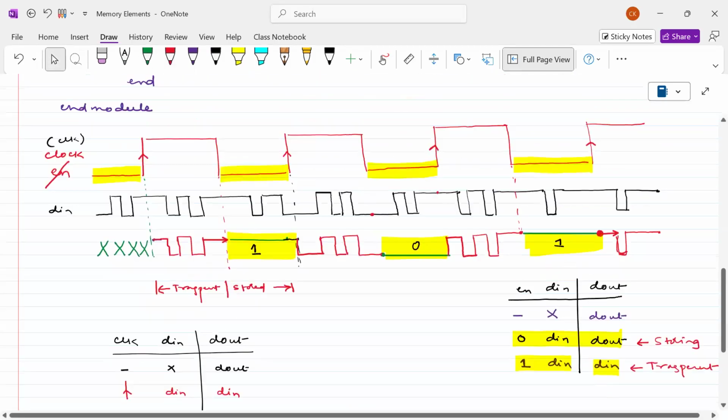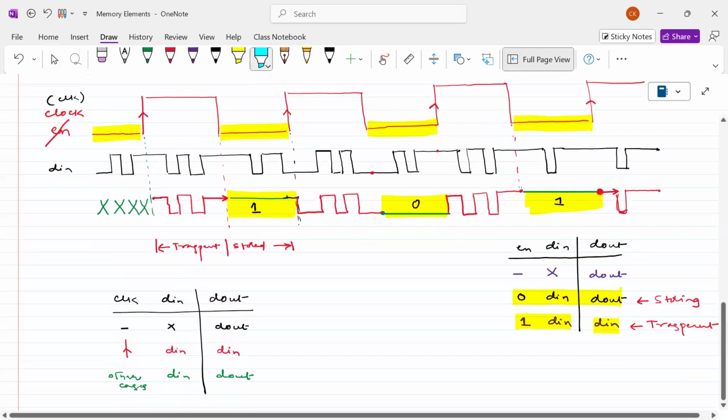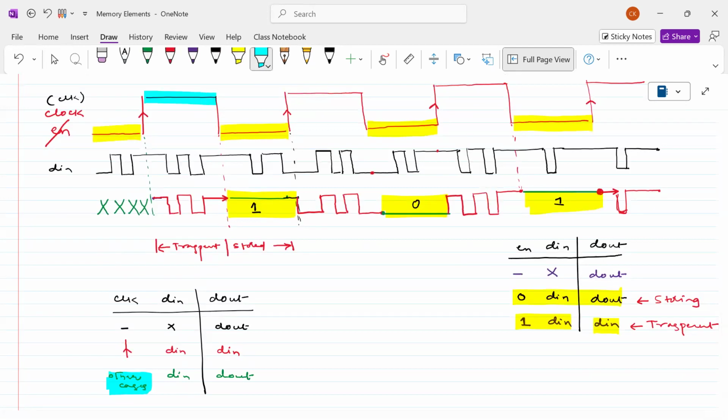What are all the other cases of the clock signal? It may be a positive level, it may be a negative edge, it may be low also. These come under all other cases, except the positive edge.